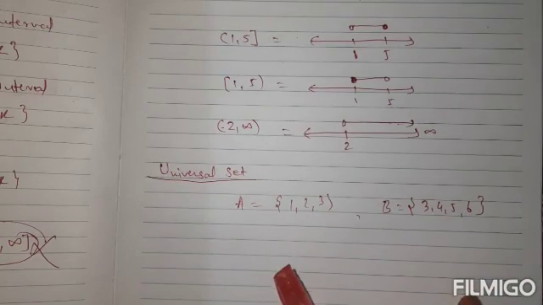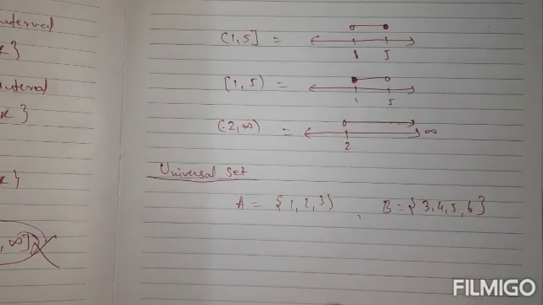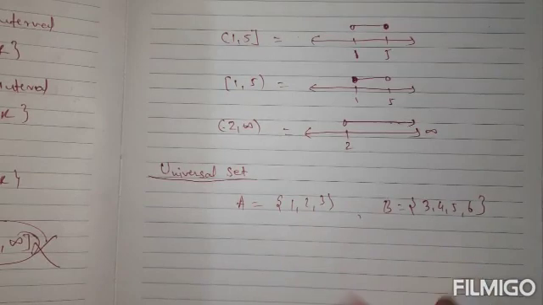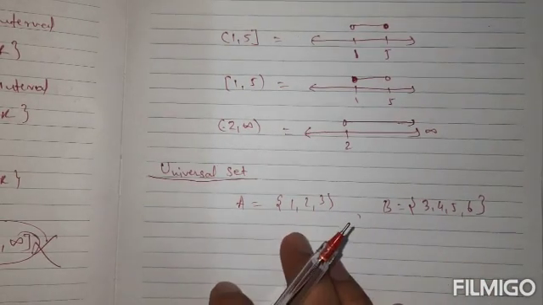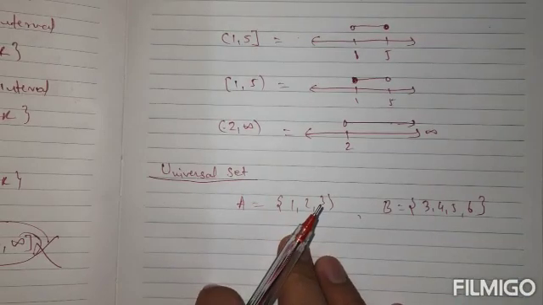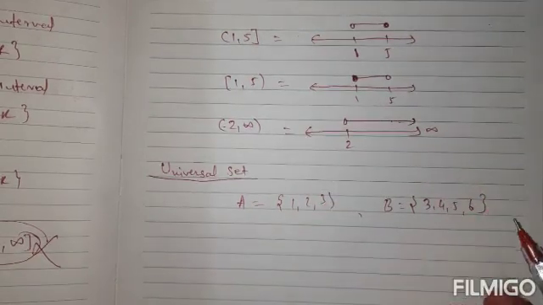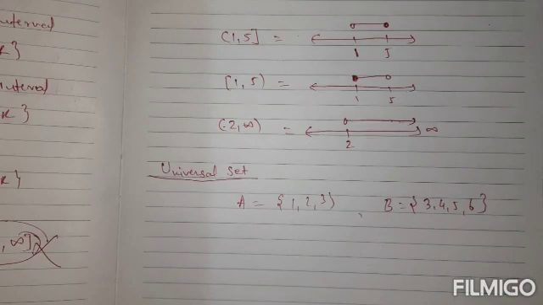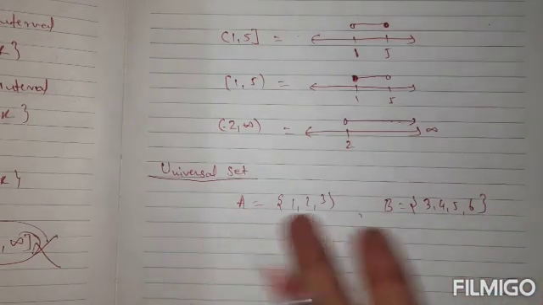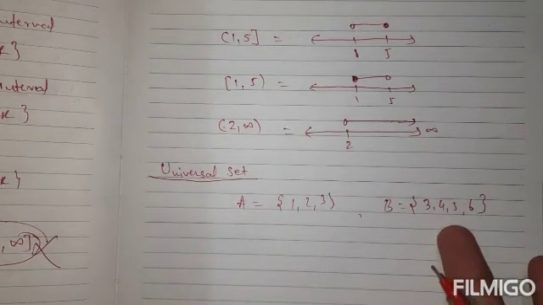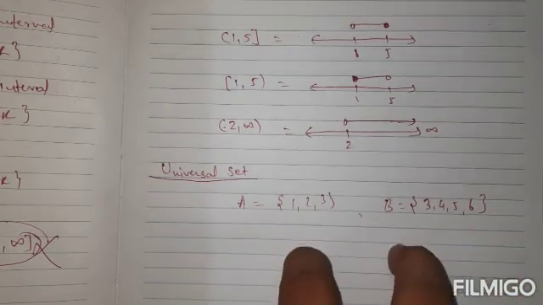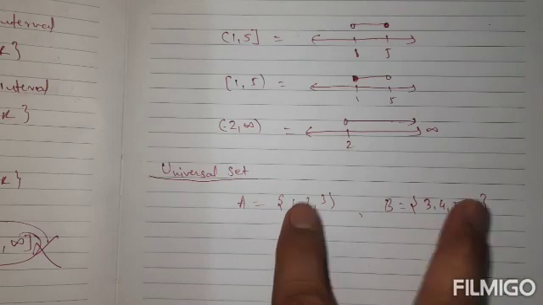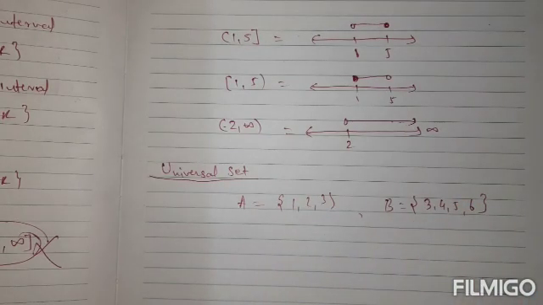The universal set is not predefined, it will be given in the question, and it is not necessary that the universal set is always the set of real numbers or integers or natural numbers. It may be any kind of set, but if a universal set is given for these two sets, then this means that these two are subsets of that. So this is the universal set.